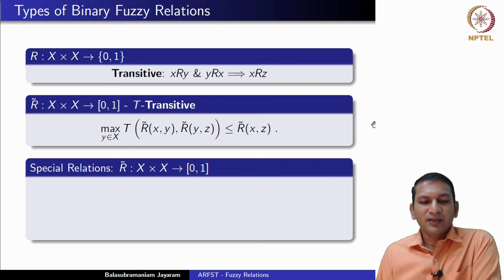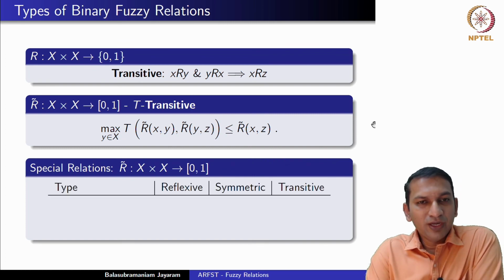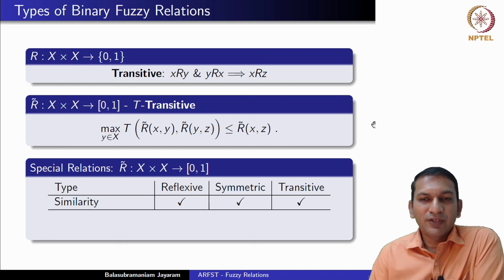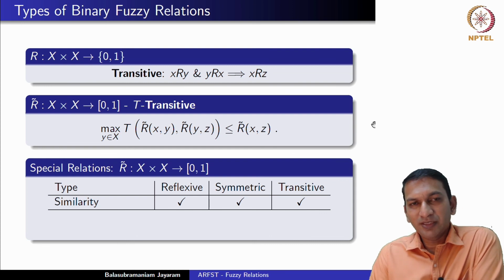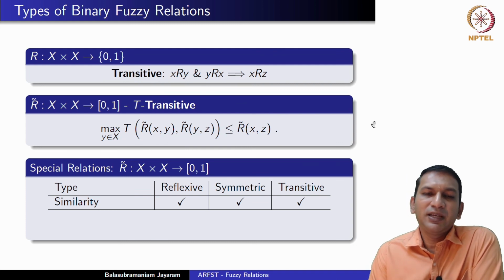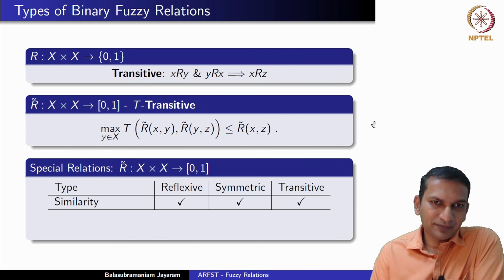Now once again, if you look at fuzzy relations, because we have defined these three properties, if a fuzzy relation has all three properties, reflexivity, symmetry and transitivity, we call it either a fuzzy equivalence relation or typically a similarity relation.